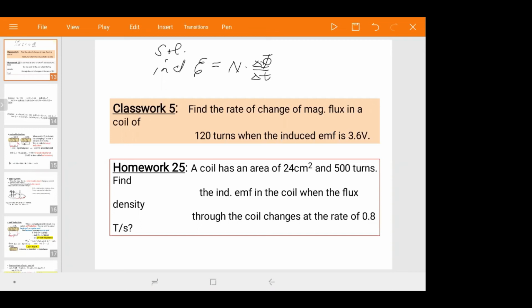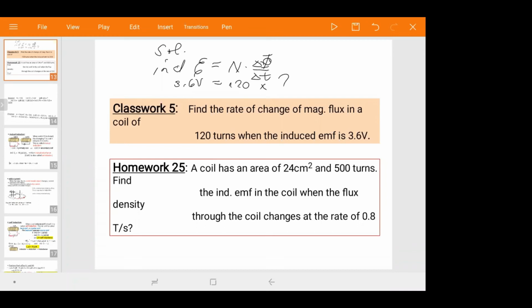So here this EMF is 3.6 volts, and N is 120 turns, which we don't write down. The question is, how much is the rate of change of flux? Well, you take 120 to the other side, and you get 3.6 divided by 120.